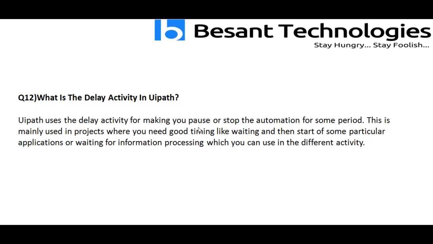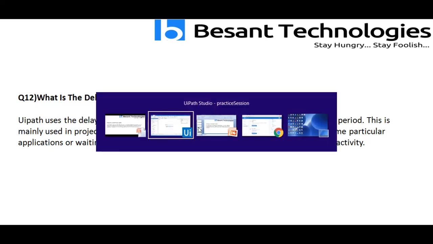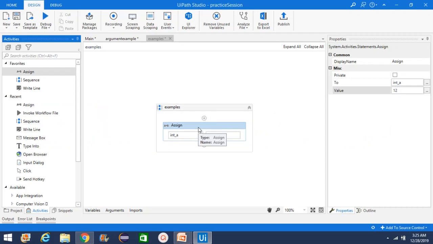This is mainly used to wait for a particular application to start or wait for information to appear. It waits for some time which we specify. So I'll show you what the activity is. Here we have to type delay.